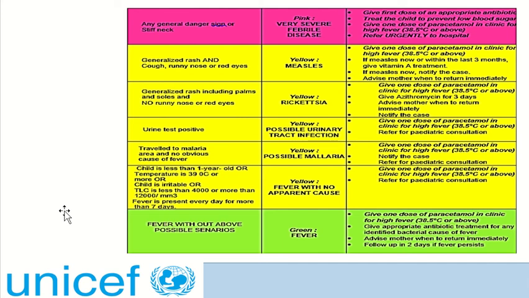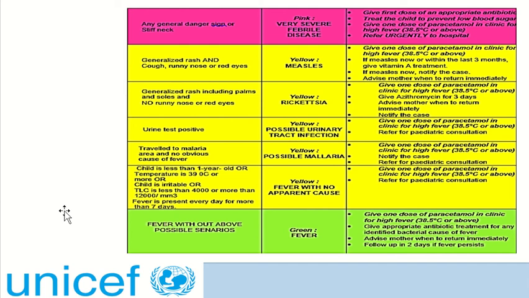Or a generalized rash, including palms and soles, and no runny nose or red eyes, so we classify him as rickettsia. Or the urine test was positive, and we classify the child as possible urinary tract infection. If the child traveled to a malaria risk area, and there is no obvious cause of fever, then we classify him as possible malaria.